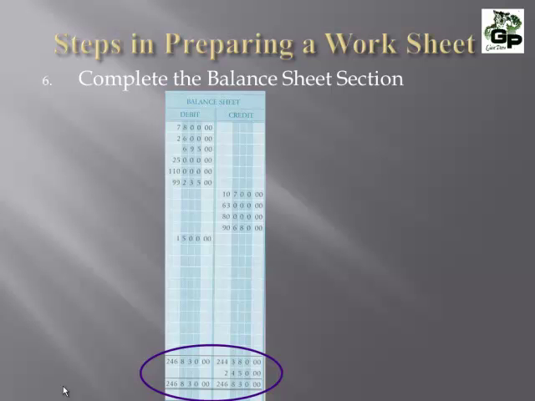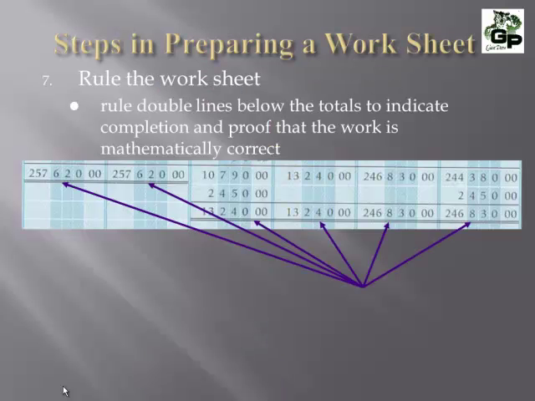But in this case, we put it on the credit side because the total of the credits is less than the total of the debits, and in order to make them balance at the bottom, we need to put the net income in the credit column. So now we see at the bottom that we have a balance for both columns of $246,830.